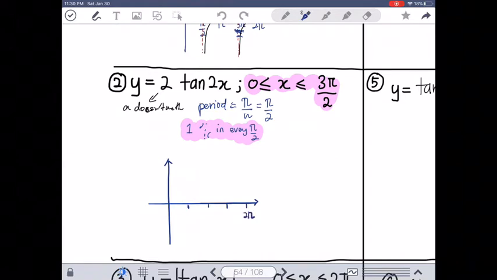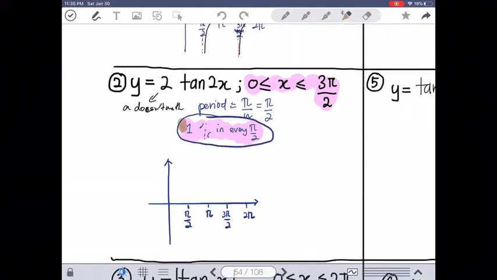So this is 2 pi, 3 pi over 2, and pi over 2. And in every pi over 2, there will be one cycle.